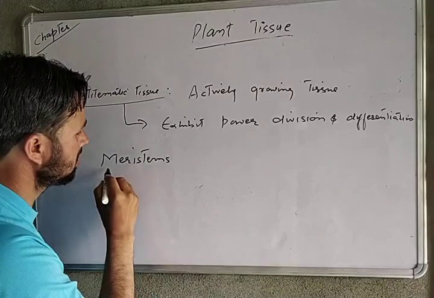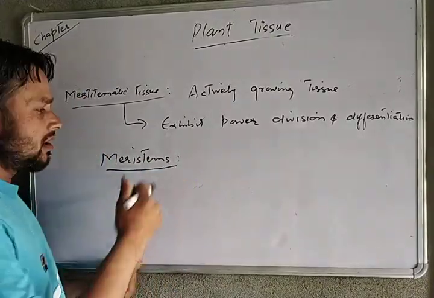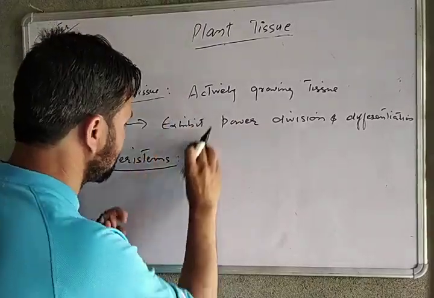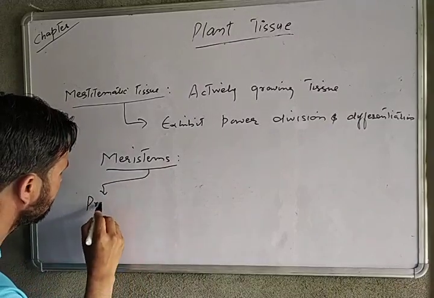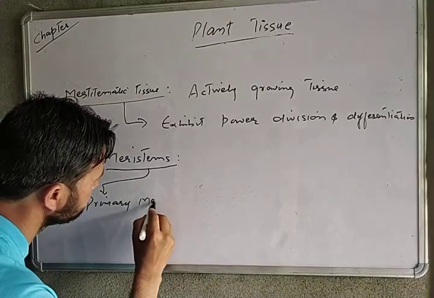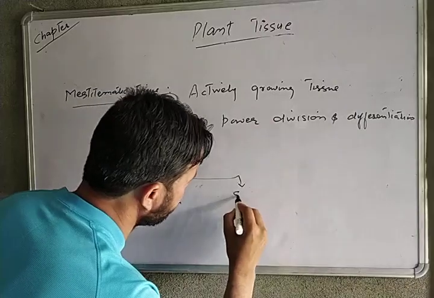And these meristems are primary meristem and secondary meristem.